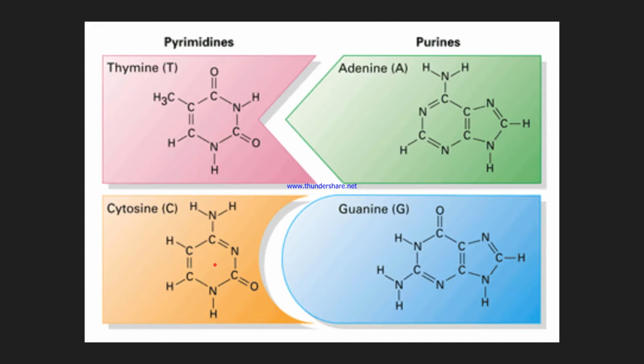Something interesting my biology teacher taught us to remember which bases fit into which category: the word pyrimidine has a Y in it, right? So the bases with a Y, like thymine and cytosine, are going to be pyrimidines. And the bases without a Y are going to be purines, which also does not have a Y. So that's just a neat little way to remember.